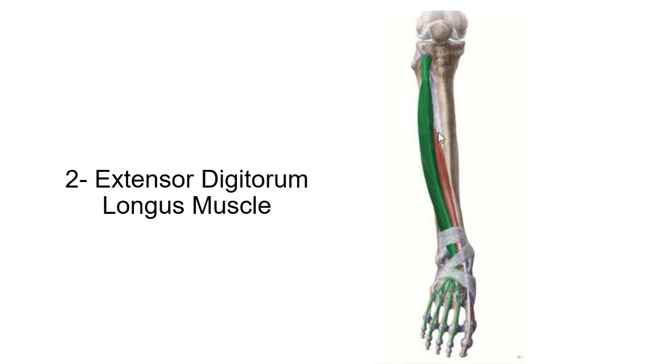It also arises from the adjoining part of the interosseous membrane. Just superior to the ankle joint, at this point, this muscle becomes tendinous. This divides into 4 tendons. As you can see here, these 4 tendons of extensor digitorum longus become inserted into the lateral 4 toes. 1, 2, 3 and 4.